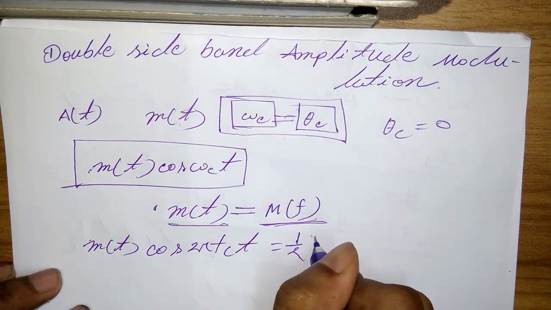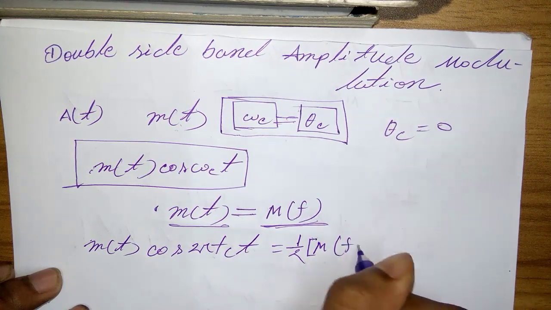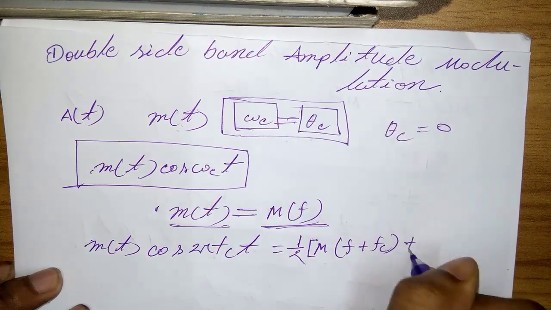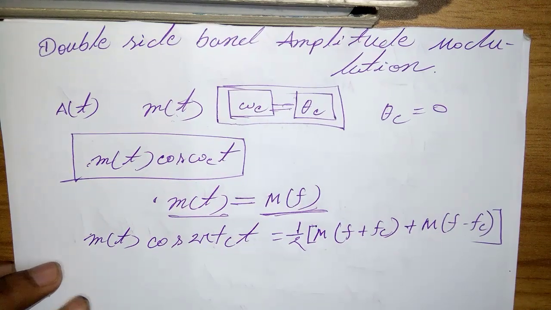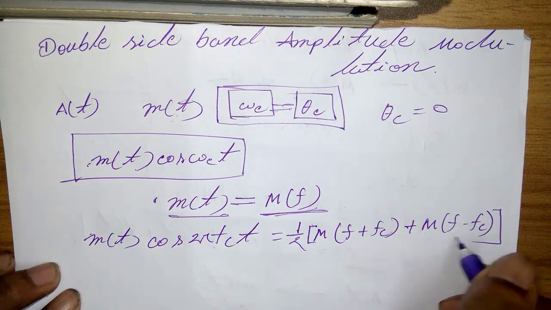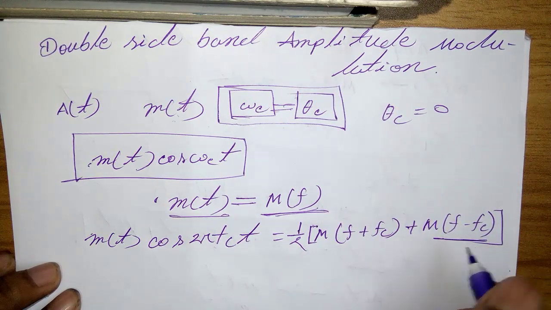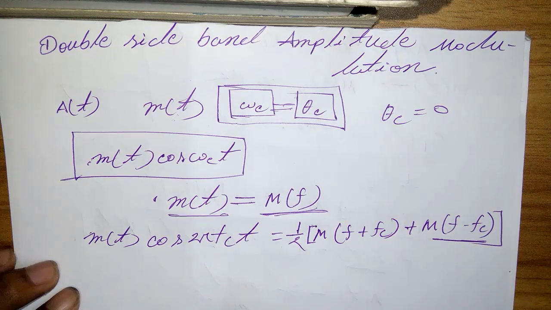So half m of f plus fc plus m of f minus fc. So recall that m of f minus fc is m of f shifted to the right by fc.